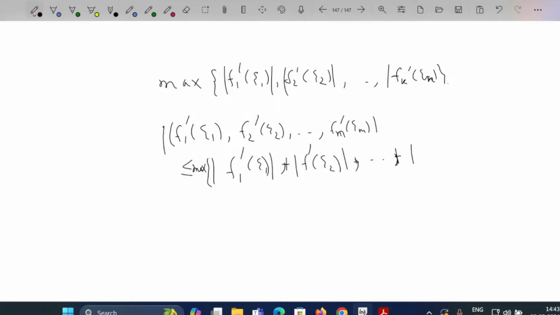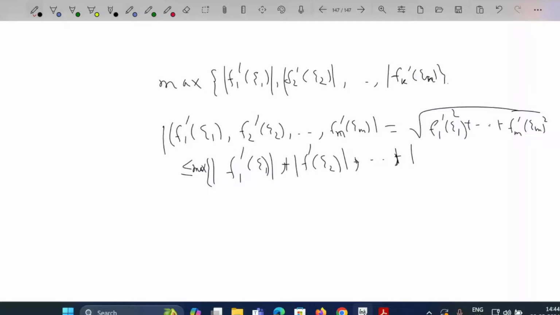See, there are finitely many zeta. Anyhow, this is a mod value, so what will be this value? This is the square root of the sum of these numbers, so this will be nothing but the square root of f1 dash zeta 1 squared, and so on up to fn dash zeta n squared. This is a definite number. For some zeta equal to zeta_i, that value will be maximum.